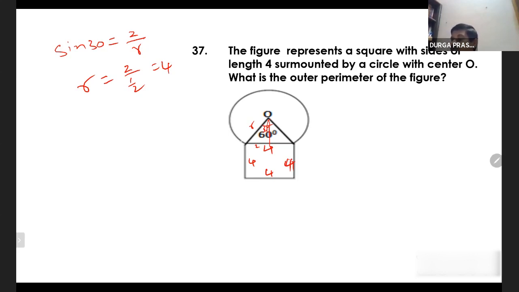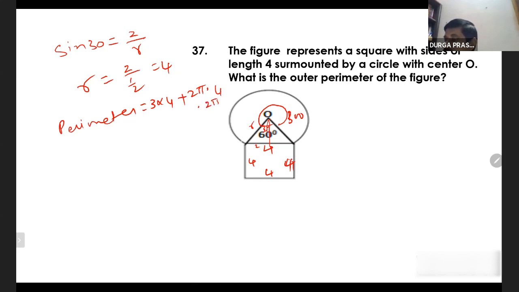So now I should take this angle as 300 degrees. So perimeter equal to 3 times the side plus this arc length L outside. So arc length L is 2 pi r, r is radius, that is 4, into theta by 360.